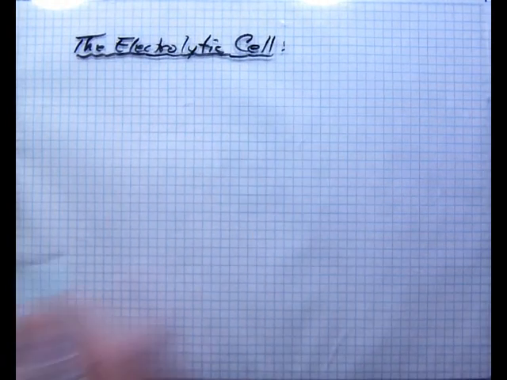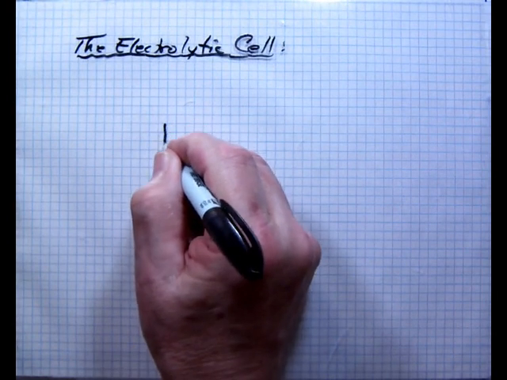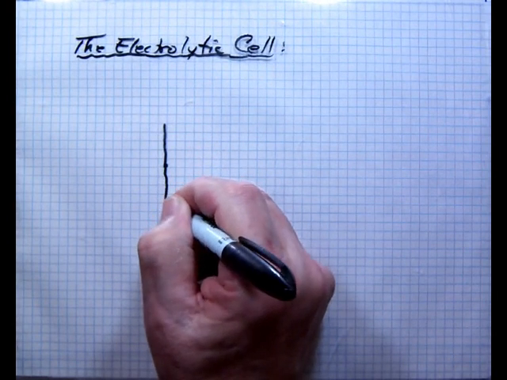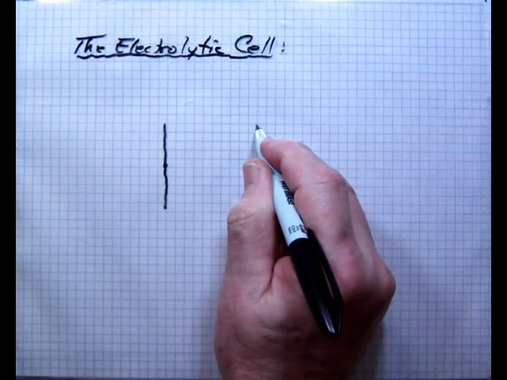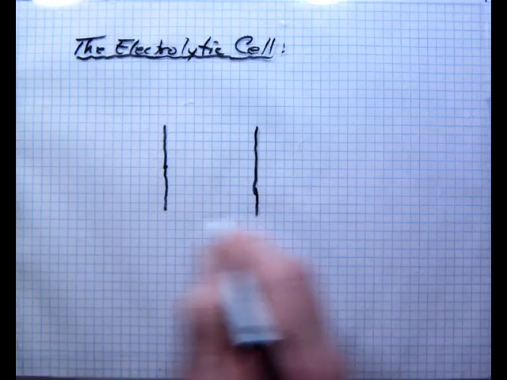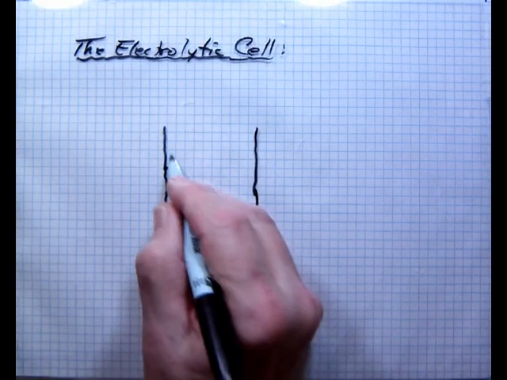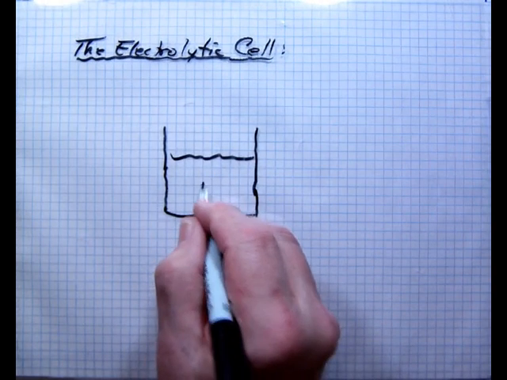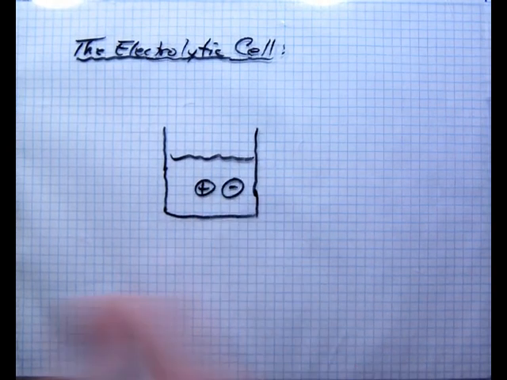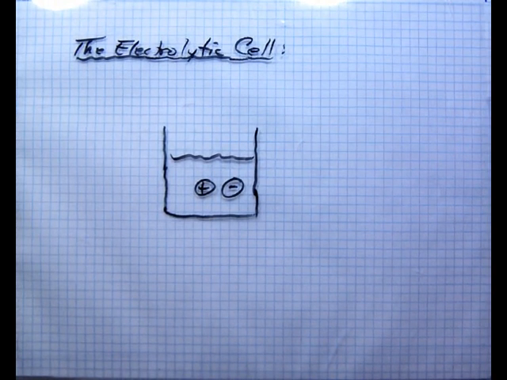The electrolytic cell consists of a battery, jar, or just a container of aqueous salt solution containing cations and anions. Okay, it could be salt, it could be an acid, hydronium ions, base, hydroxide ions, anions from something else, whatever.